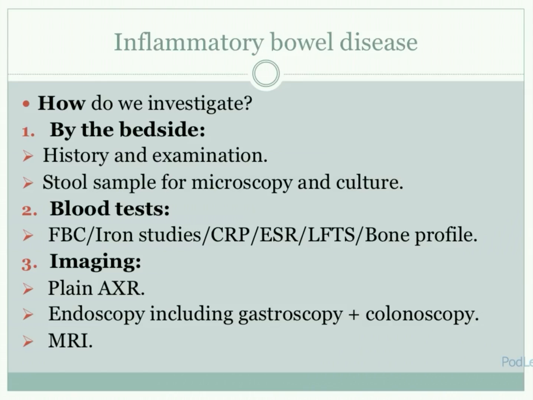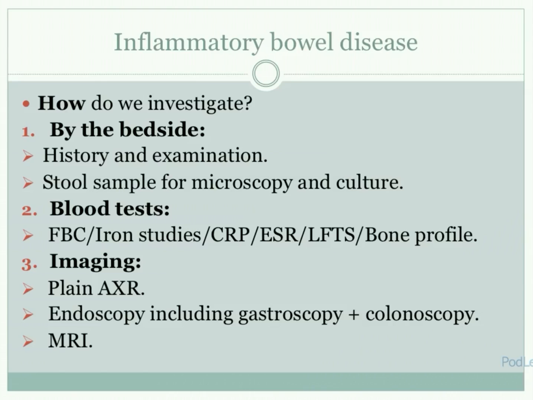In addition to this, we can do blood tests looking at the FBC for any signs of anemia, and it's important to look at whether these patients are iron deficient. On the FBC, we can also look at the white cell count to give us an idea of whether there is any active infection going on.